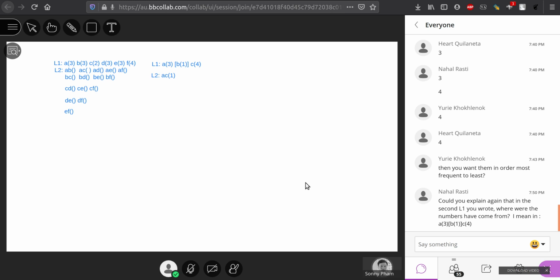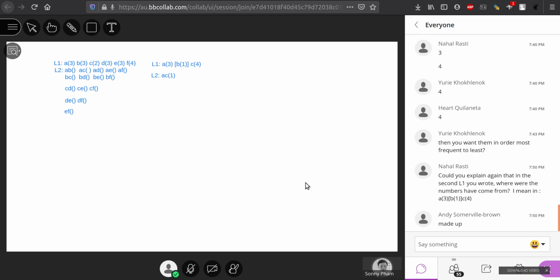I have a question. Could you explain again in the second L1 you wrote where the numbers have come from? I think it's just a made up example for the a priori algorithm.